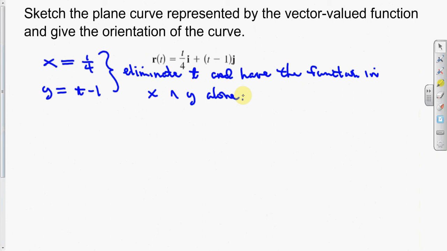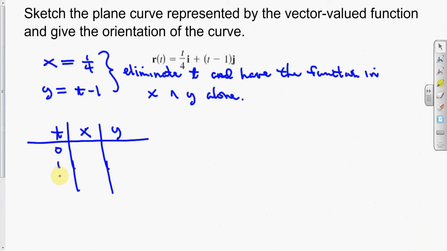Let me show you. So we have the values for t that you pick, and then here we have x and we have y. We start t equal to 0, t equal to 1, t equal to 2 in that fashion. For whatever value of t, see how x always stays to be 1/4? X is fixed to be 1/4.